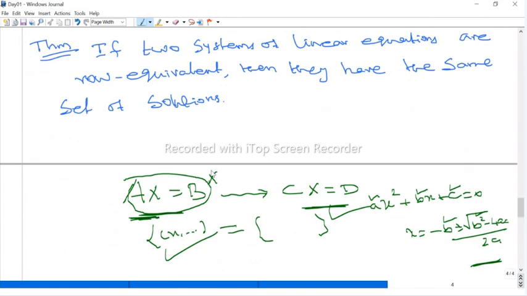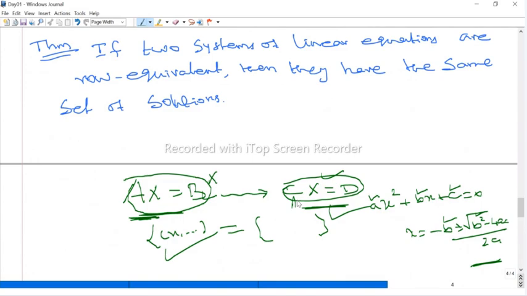If I know this system is equivalent to some other system Cx equal to D, the new system may be smaller or simpler. That means this C contains so many zeros, or very small numbers. We can easily find the solution, because the theorem says if it is row equivalent, the solutions are the same.